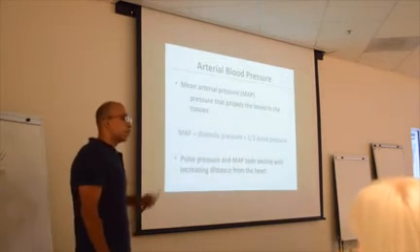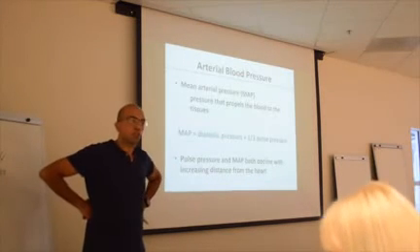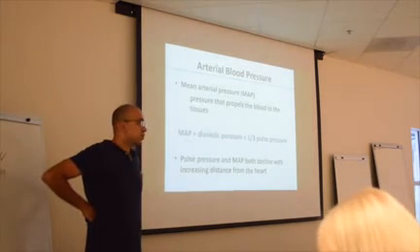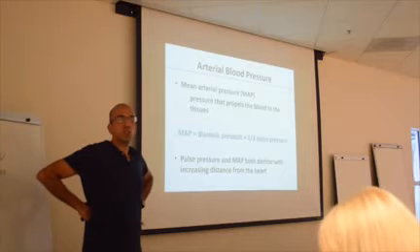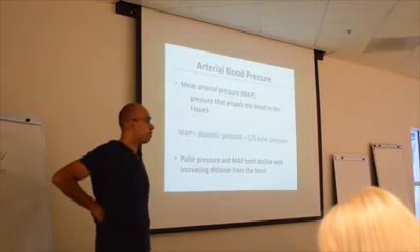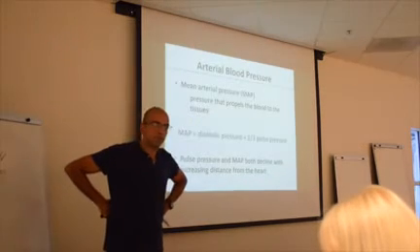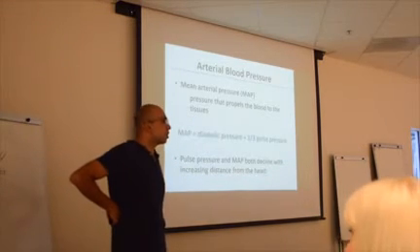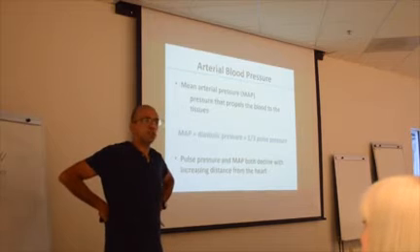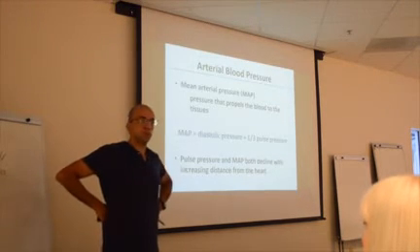So if you decided to study the effects of a drug on arterial pressure, which type of pressure would you consider in your study? Would you consider systolic? Would you consider diastolic? Would you consider pulse pressure? Would you consider something else?